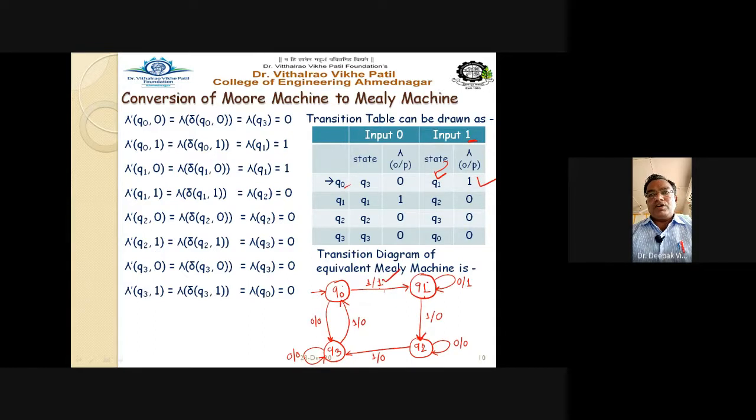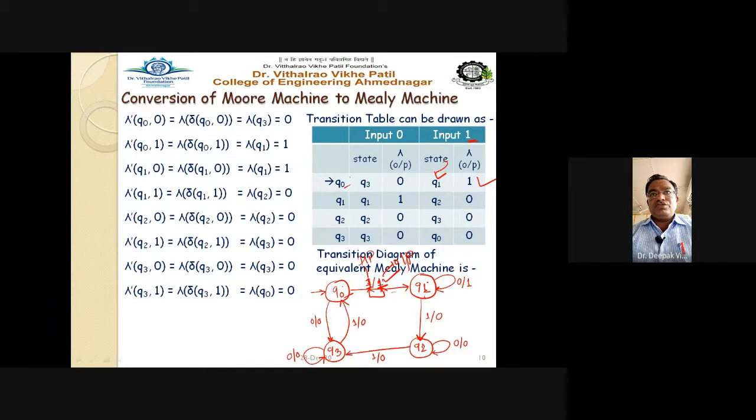Do not get confused. From the start I am telling you: the first entity is your input, and the second entity is your output. So how to read this? You read it like this: q0 on given input 1 goes to state q1 and produces output equal to 1.